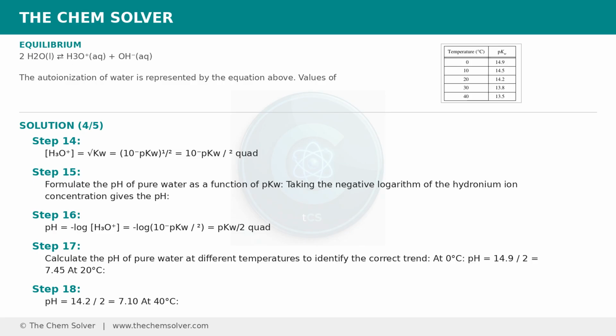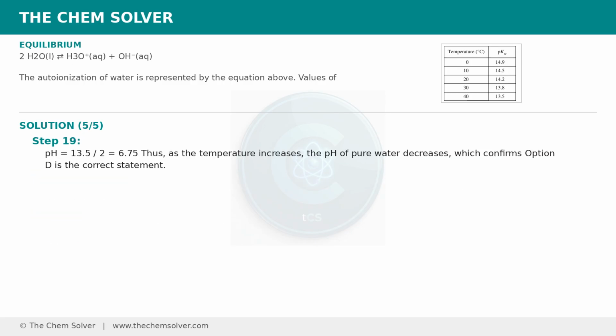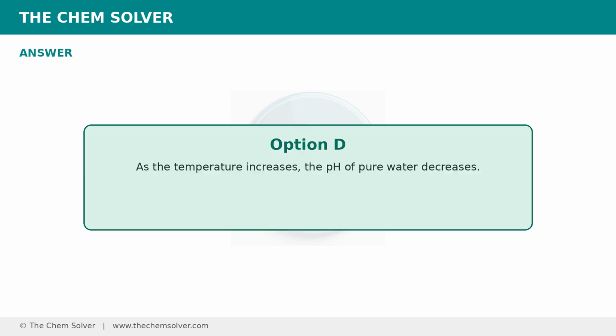At 40 degrees Celsius, pH equals 13.5/2, which is 6.75. Thus, as the temperature increases, the pH of pure water decreases, which confirms option D is the correct statement. The correct answer is option D. As the temperature increases, the pH of pure water decreases.